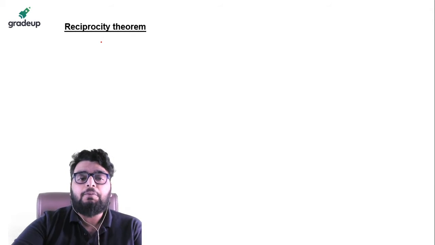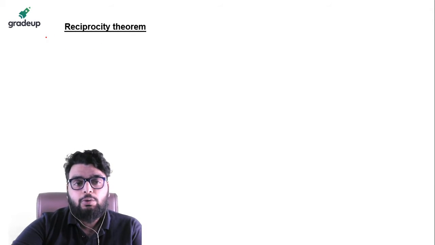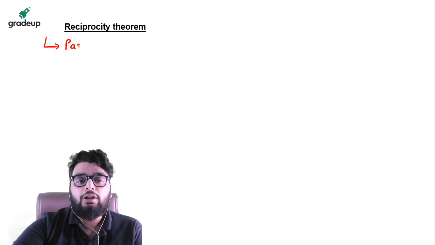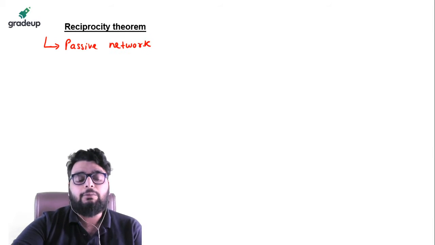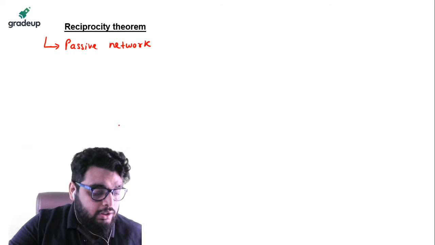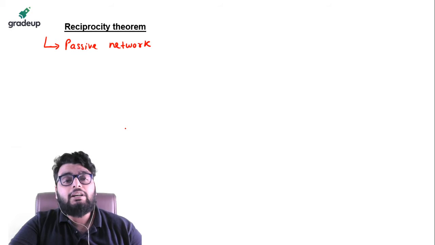So what is the reciprocity theorem? First, you need to understand where this theorem should be used. This theorem can only be used in a passive network. What is the meaning of a passive network, guys?